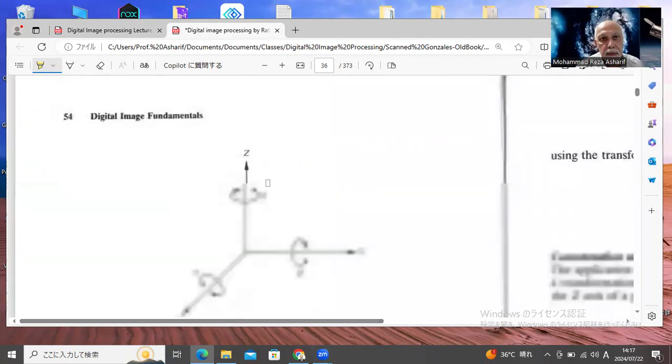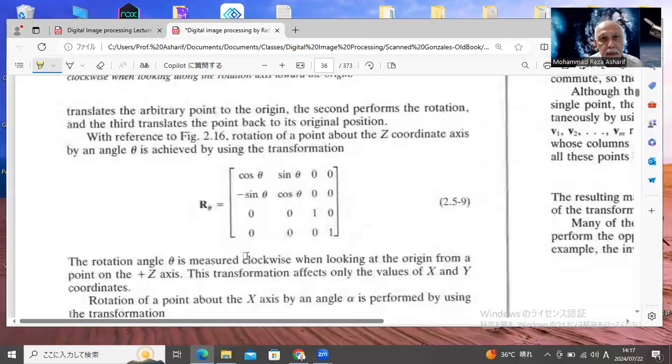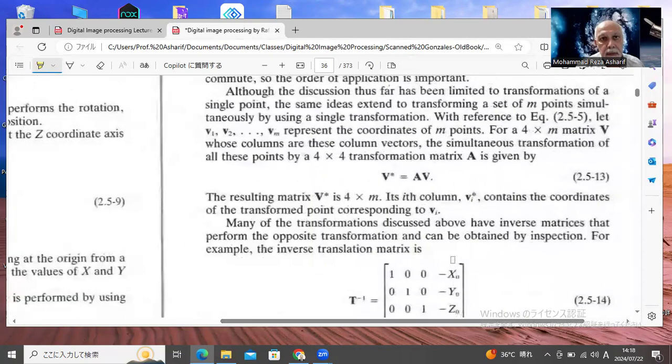I told you, and this is around the z-axis here, and so on.